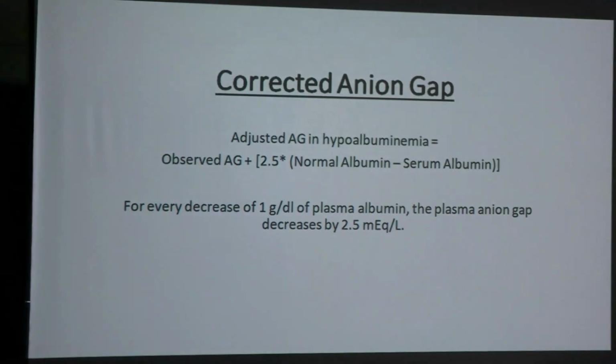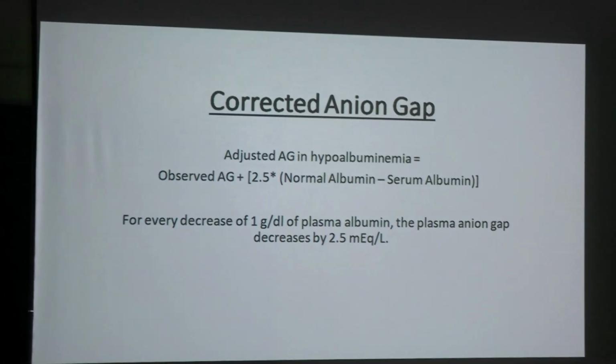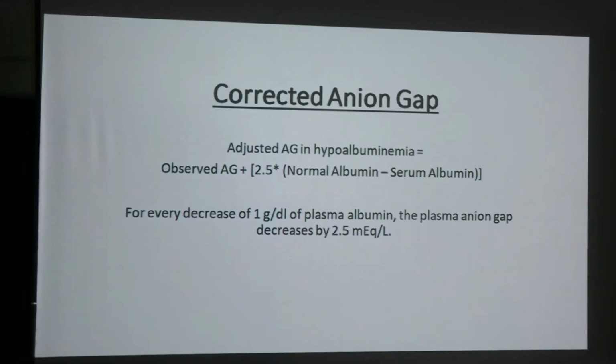Now the corrected anion gap, because depending on the albumin level, the anion gap value will change. So we have to correct or adjust that anion gap. So what will be the adjusted anion gap in hypoalbuminemia? We have to calculate the difference between normal albumin and serum albumin, multiplied by 2.5, plus the observed anion gap.